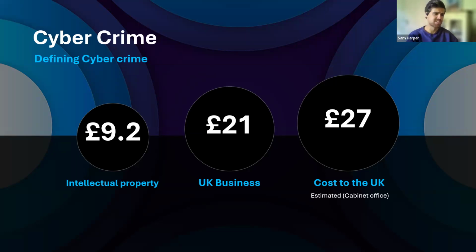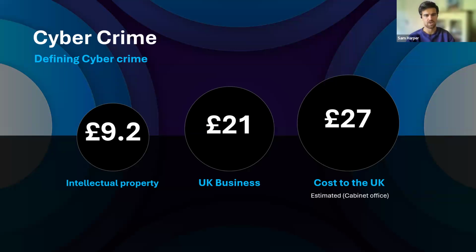Now, I put some stats on the screen just very quickly. These were taken from the Cabinet Office, and these are for the UK. It's just showcasing the impact that cybercrime had in 2023. Again, these are all in the billions.